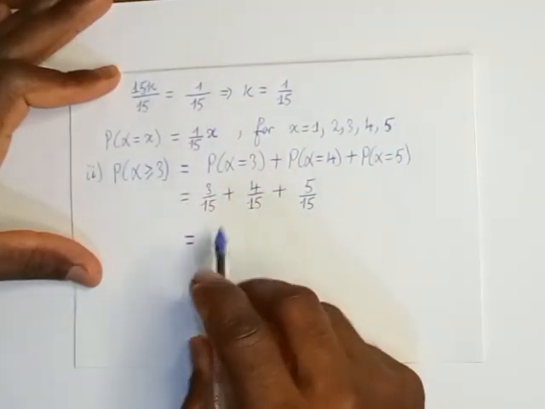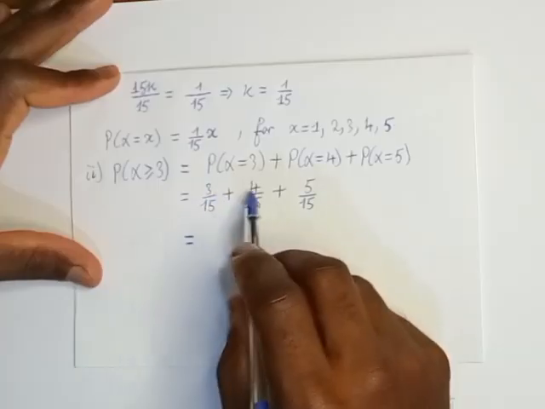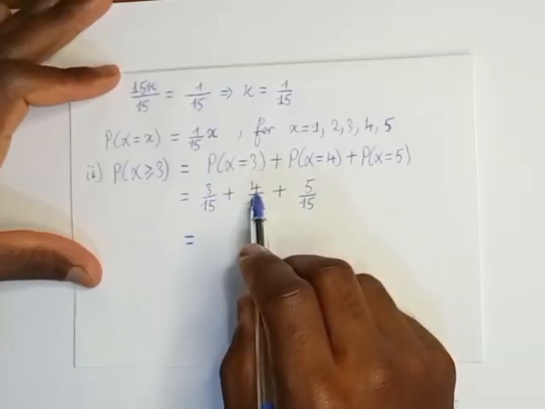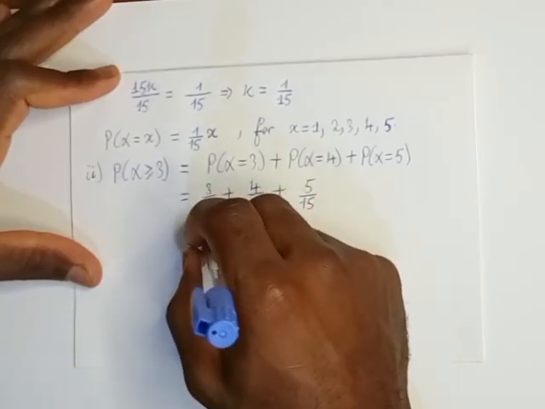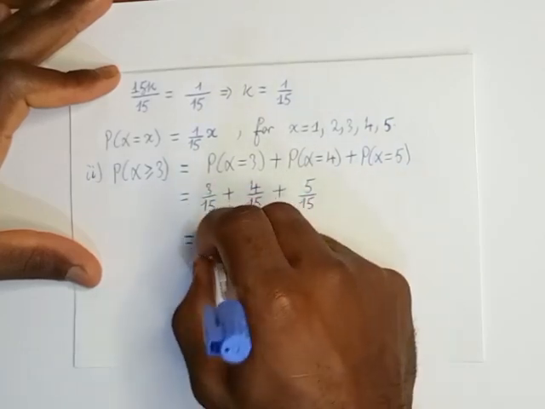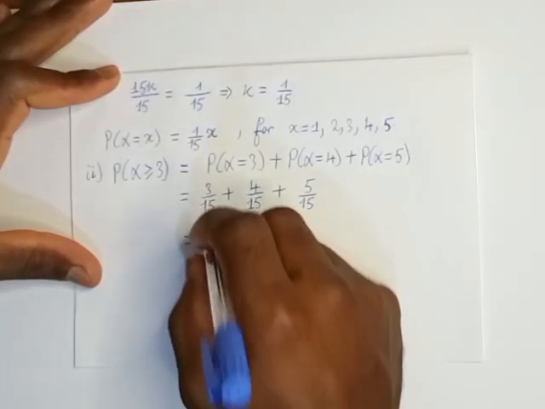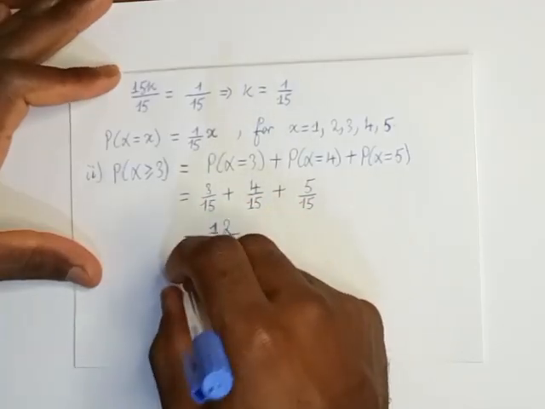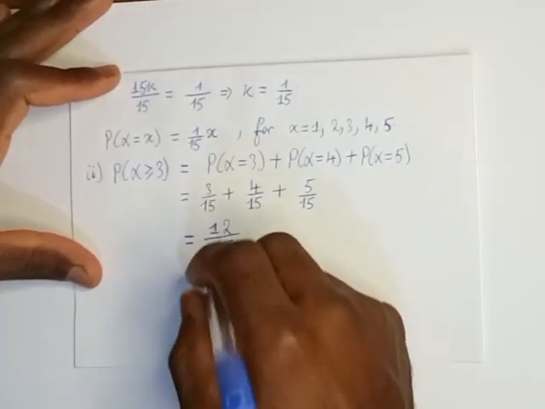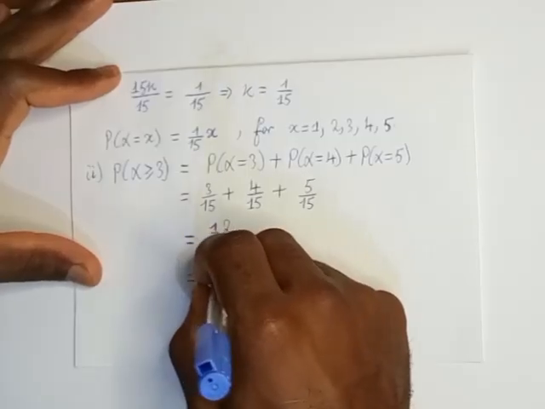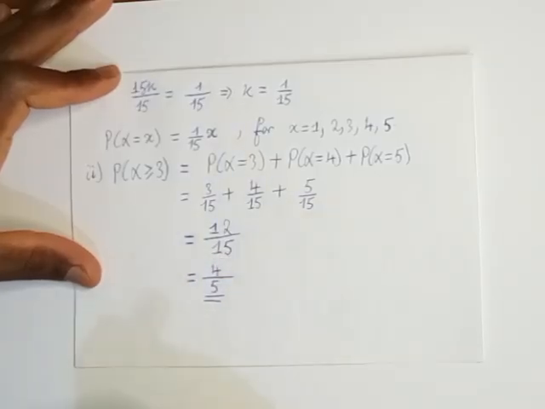They have a common denominator, so we simply add the numerators: 3 plus 4 gives 7, 7 plus 5 gives 12 on 15. 12 on 15 can be further simplified if we divide both numerator and denominator by 3. 12 divided by 3 gives 4, 15 divided by 3 gives 5. So this gives us 4 on 5.